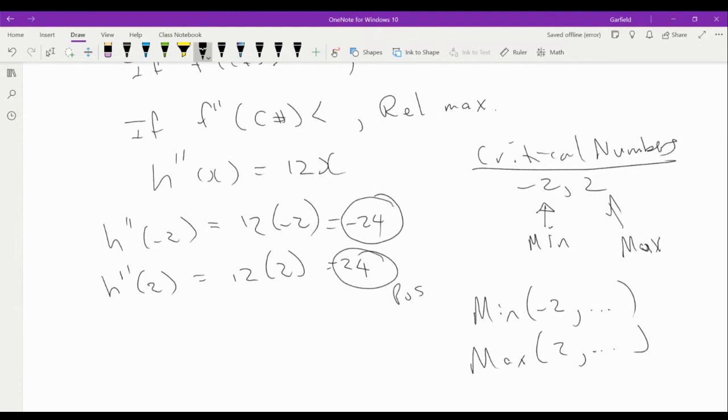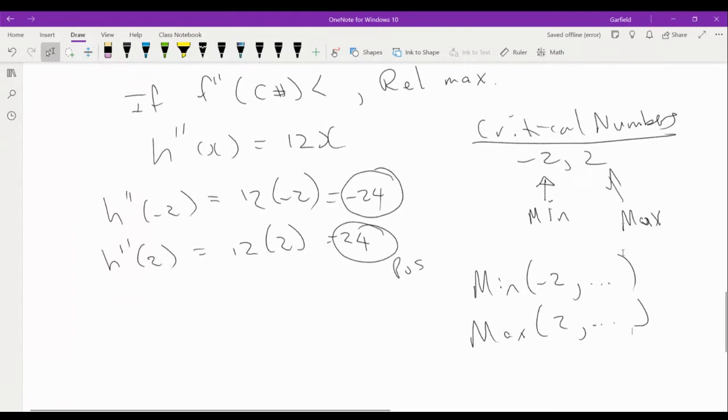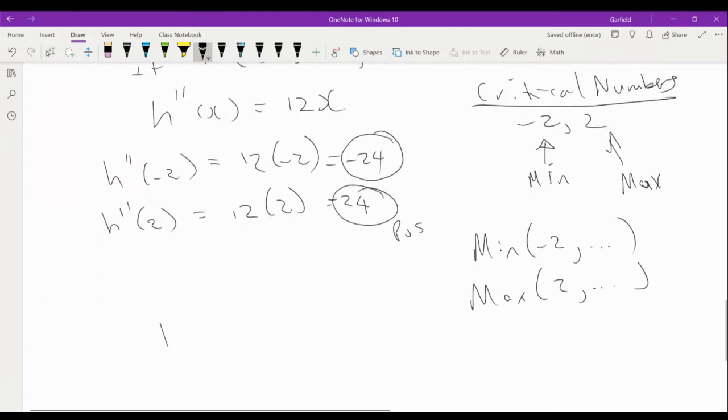We plug it back into the original equation, right? So we have to find h of negative 2 and h of 2 to give us the y value here.